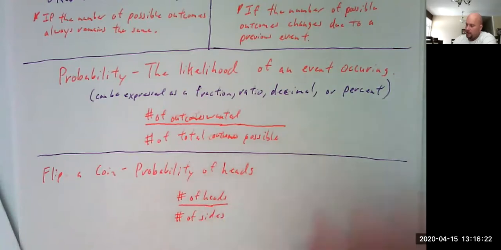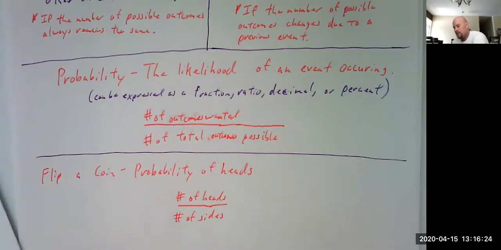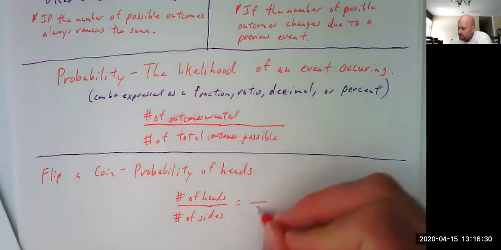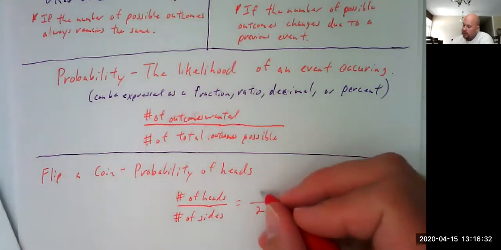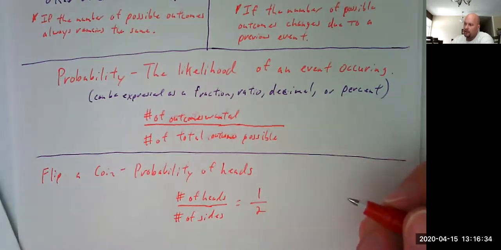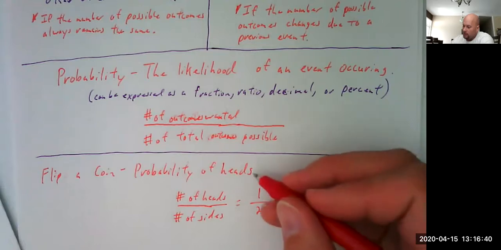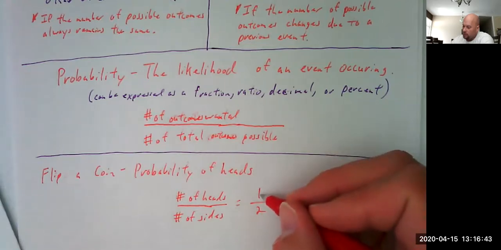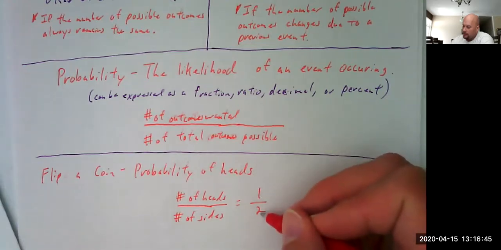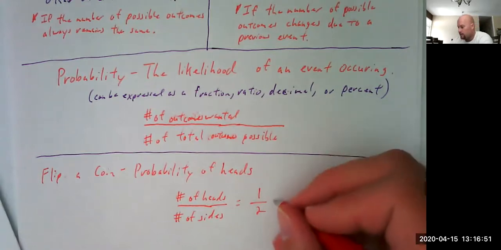Because again, we want the number of total possible outcomes, which there's only 2 sides to a coin, whereas there's usually on a normal coin only 1 head. So this is the number of outcomes that we want to have happen. We want the probability of heads, so there's only 1 head, and the number of possible outcomes, that's again 2, because it could be either heads or tails on a 2-sided coin.